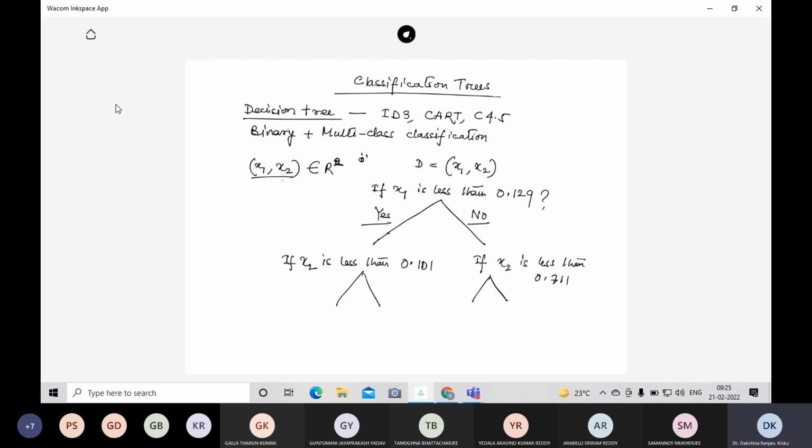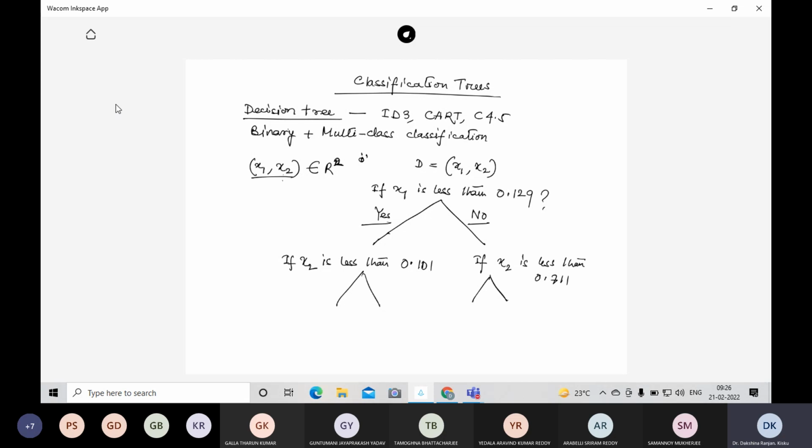Now at the root of this decision tree or the classification tree, we enter the input. Okay, we enter the feature values, and then we check whether this feature value meets some certain condition or not. If it does not meet the certain condition, then we will take a branch which is labeled by no. Otherwise we will take another branch which is labeled by yes.